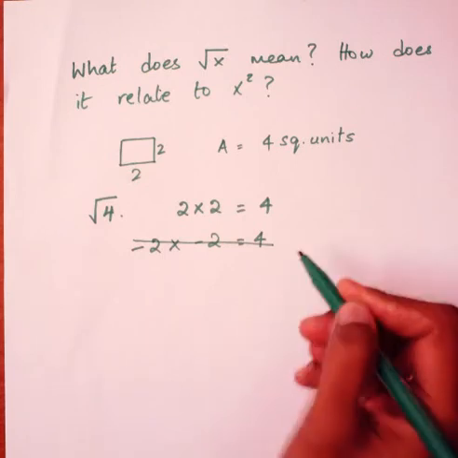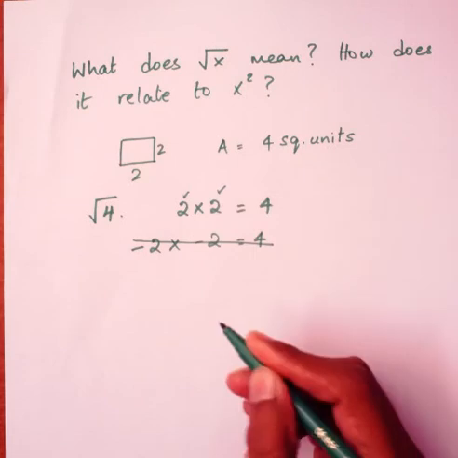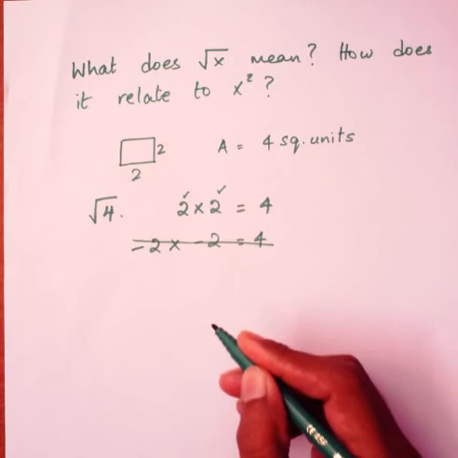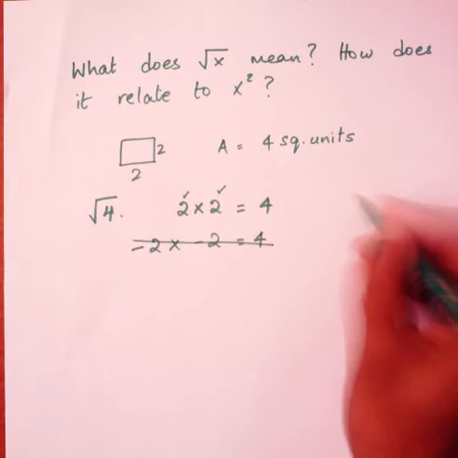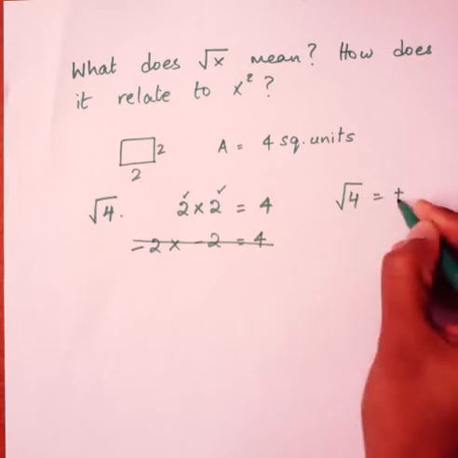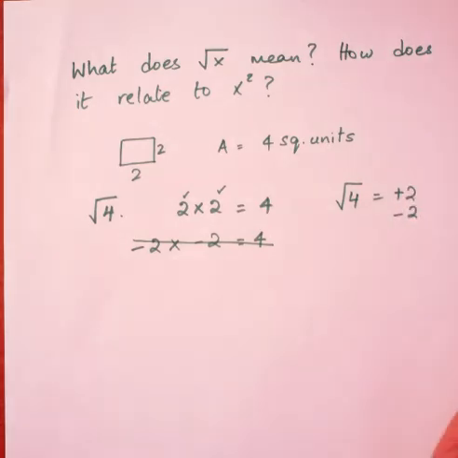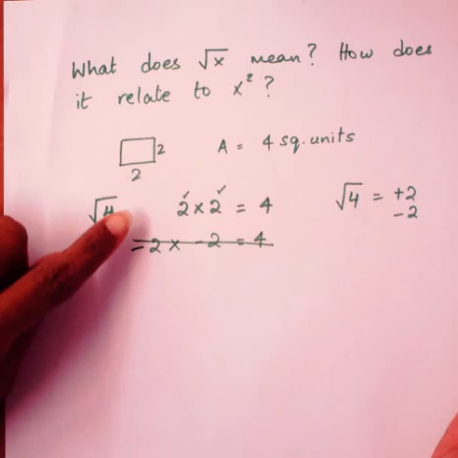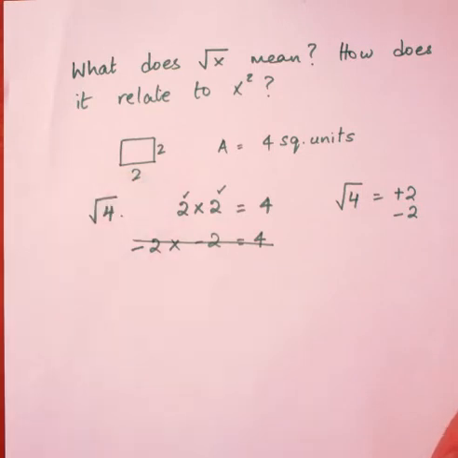And we take only the positive values because distance is always positive, okay? Only because it's length. But in general, if anybody asks you, what is the square root of 4? The answer should be positive and negative 2, because they both give you the answer of 4. Okay? But in this case, we are dealing with the length of a square, which means it cannot be negative, so we take only the positive root.